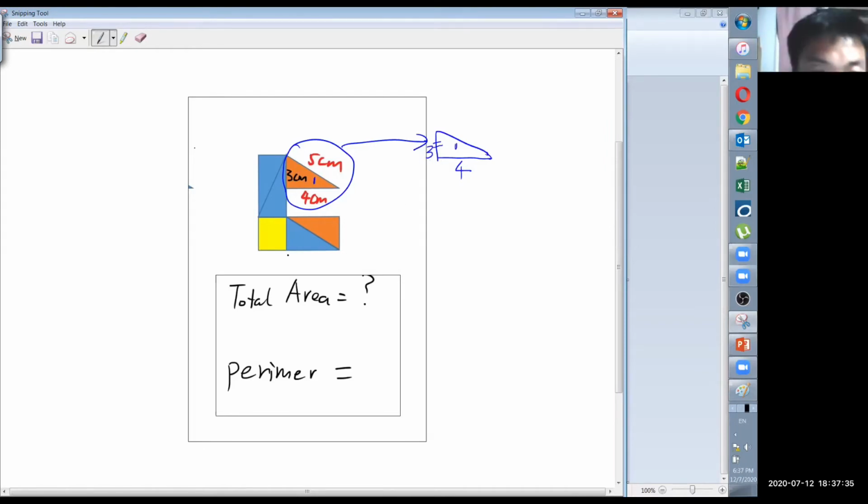Now can I ask you? This is your second triangle. This is your third triangle. This is your fourth triangle. This is your fifth triangle. What is so special about all these triangles?